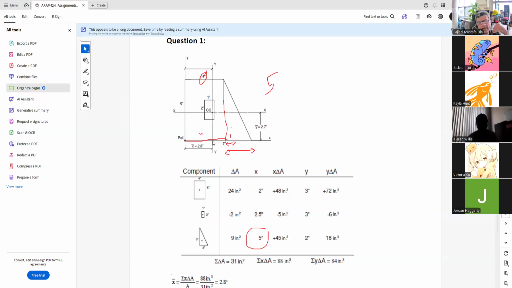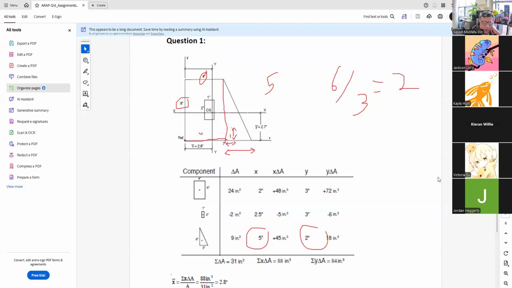Because what you're doing is you're adding it from this reference point. And in terms of the y, you don't need to add from any other shape. You can just look at 1/3 from the height. So the height is 6. What is 1/3 of 6? 6 divided by 3 is equal to what? 2.